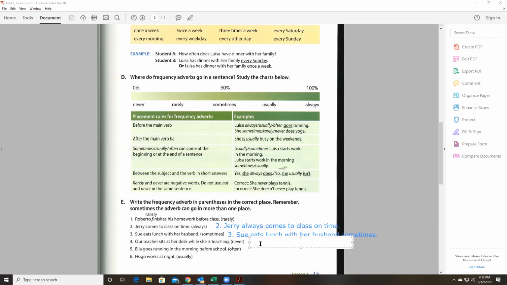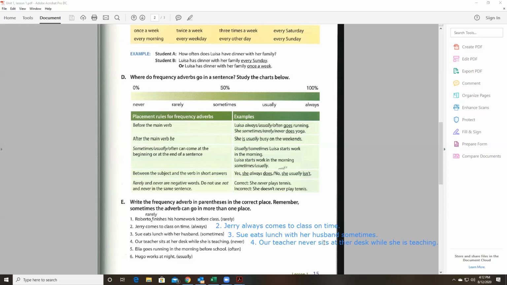Our frequency adverb is never. I have our teacher never sits at her desk while she is teaching. I used it between our subject, teacher, and our verb, which is sits.